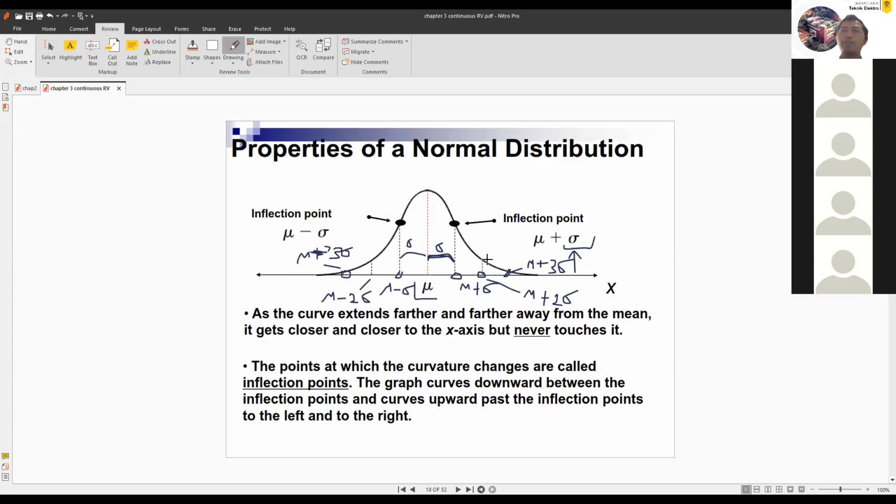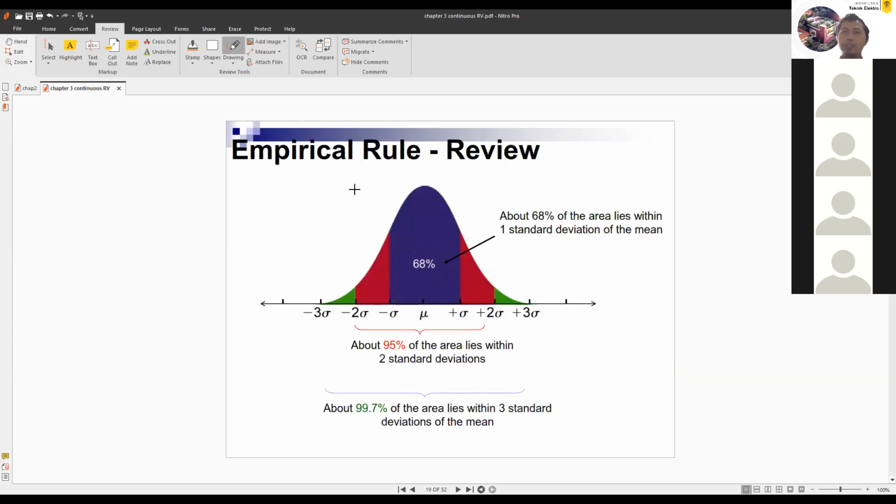What is the implication of dividing based on the standard deviation? We arrive at this graph. The area under the curve we can classify as purple, red, and green areas, starting from minus infinity to positive infinity.